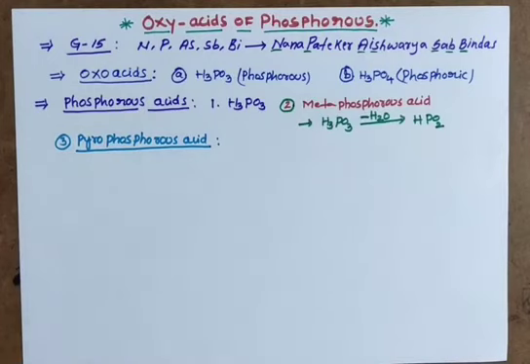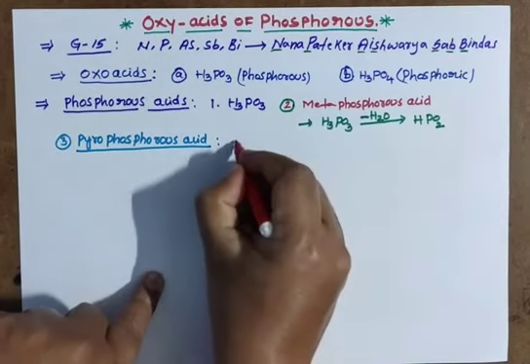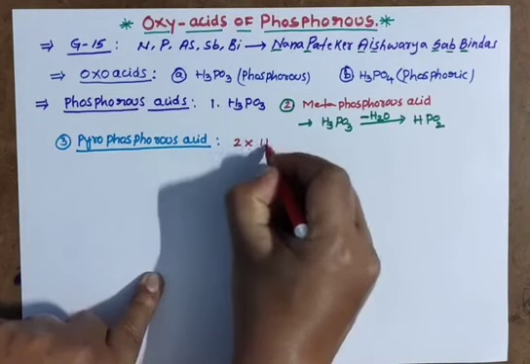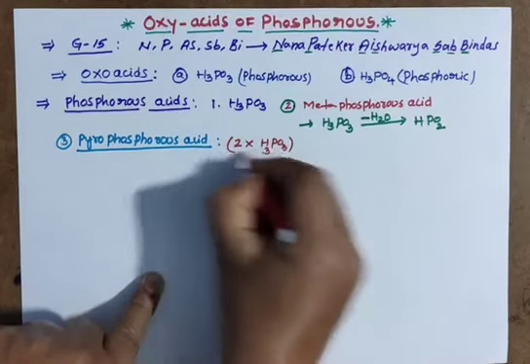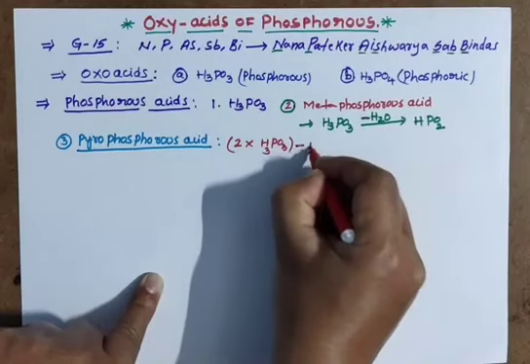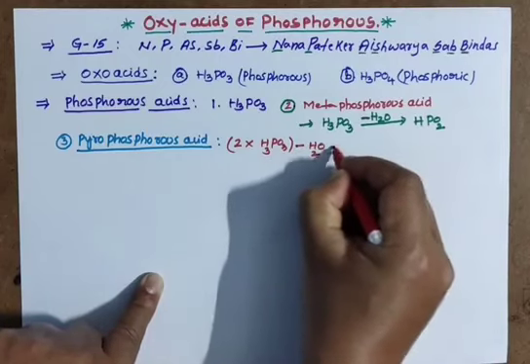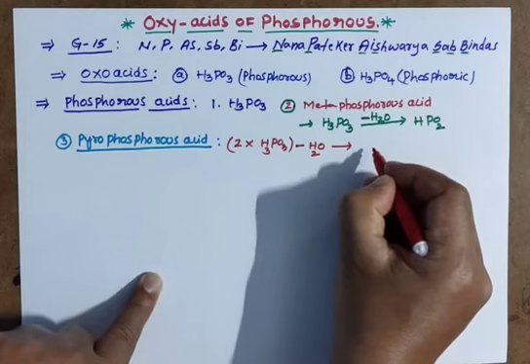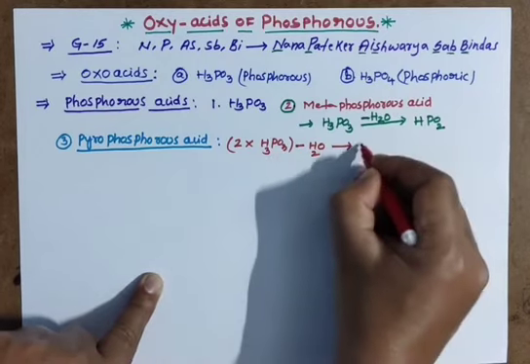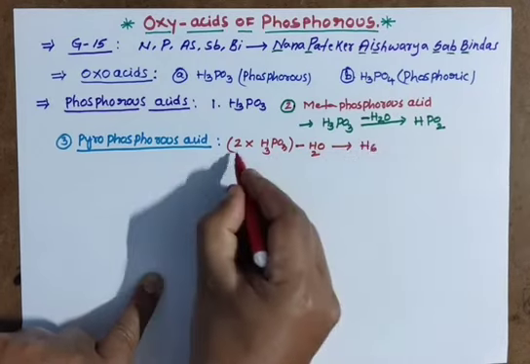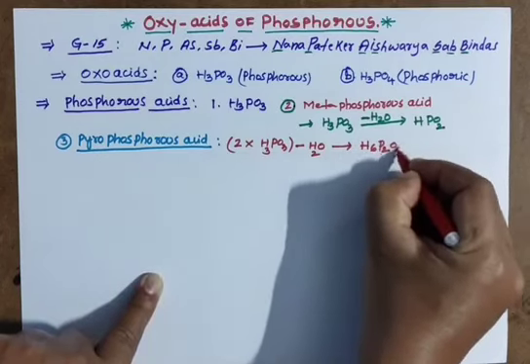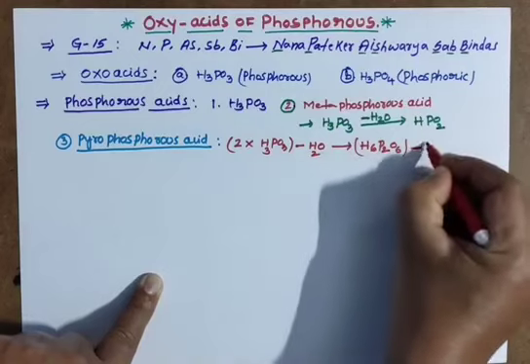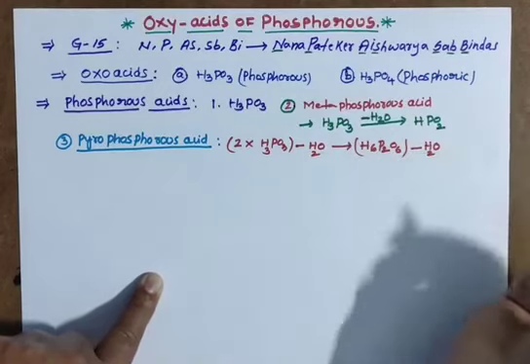Very easy. 2 into phosphorus acid minus water, giving rise to 2 into phosphorus acid, H6, 2 into 3, P2O6 minus H2O.